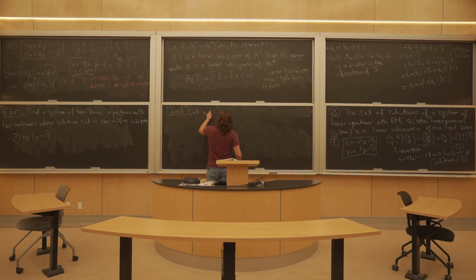So if I were to have two vectors in A of S, maybe I should use a different notation. Let's say P and Q. Then by definition, so these are two outputs, I know that there are some inputs in S that A sends to these two vectors.